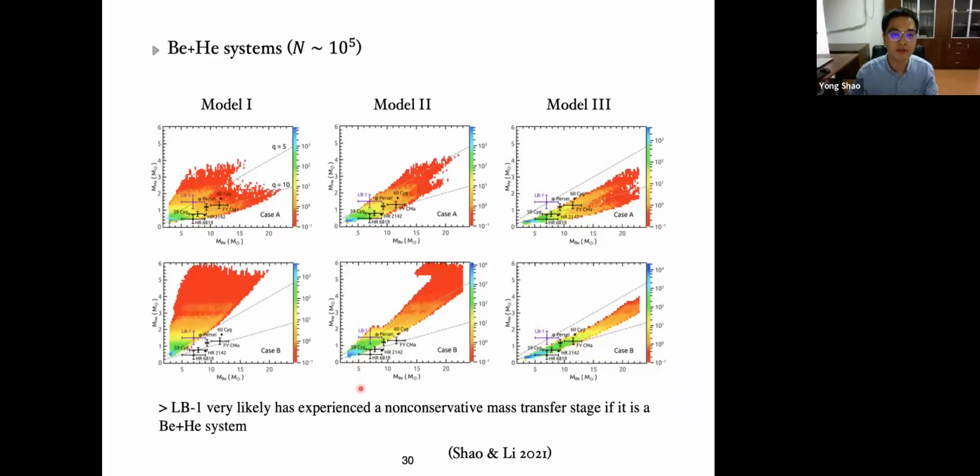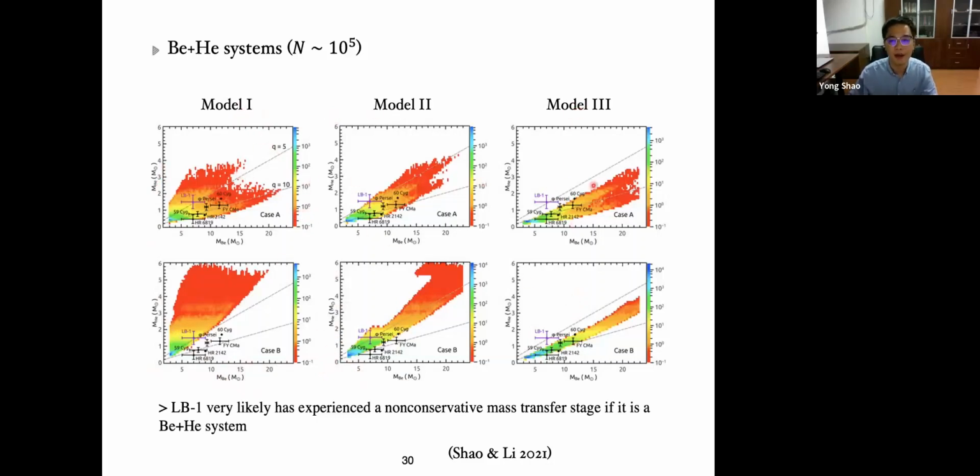This diagram shows the number density of galactic B plus hidden star systems in the B star mass and the hidden star mass plane for different mass transfer models.